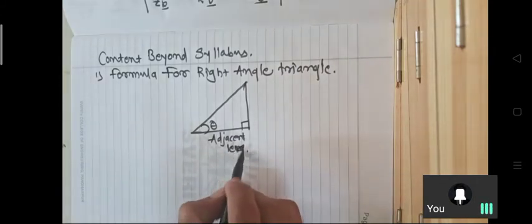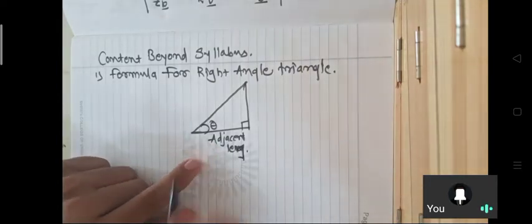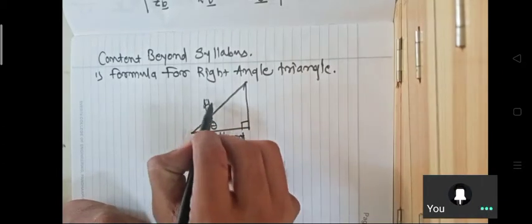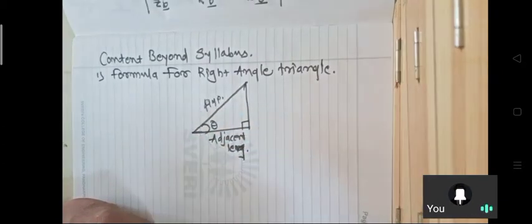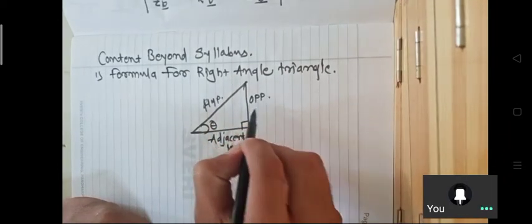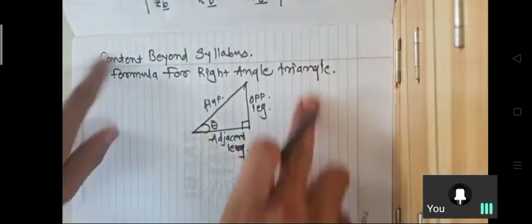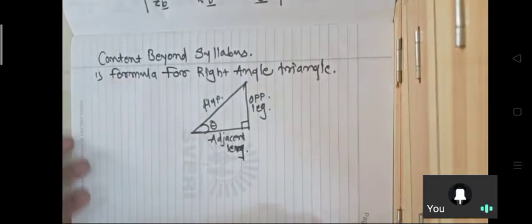So adjacent leg in Marathi what we say, लगतची बाजू. बऱ्याच जणांचं मराठी मीडियम असेल त्यांना लगतची बाजू माहित असेल. ठीक आहे, ही झाली लगतची बाजू. Then we have hypotenuse. Hypotenuse is कर्ण. आणि ही झाली opposite leg, समोरची बाजू, opposite leg, right?